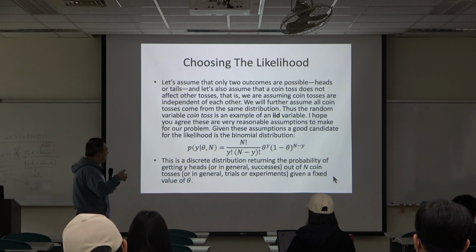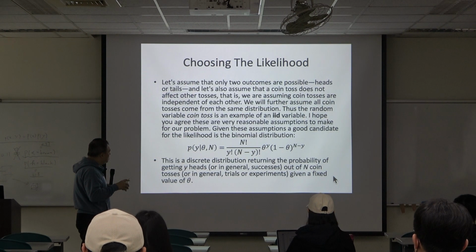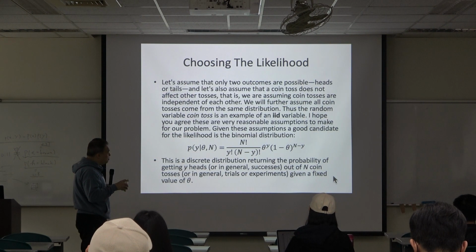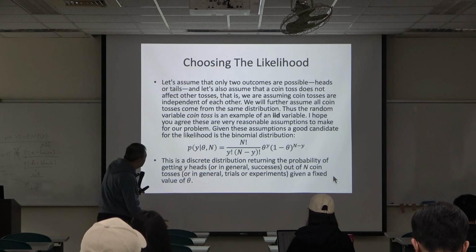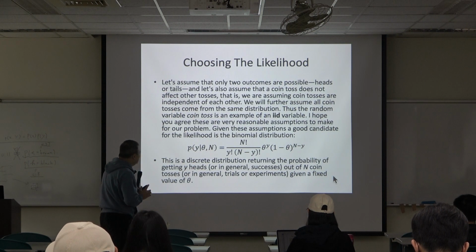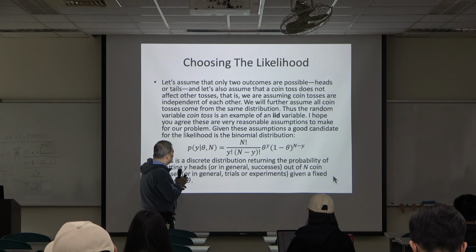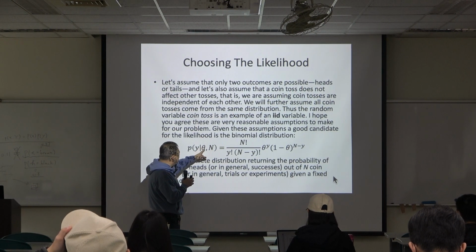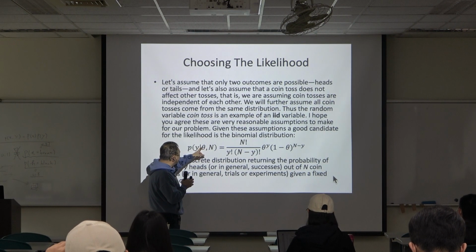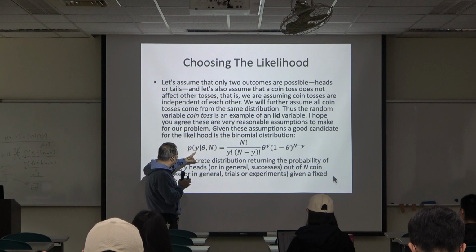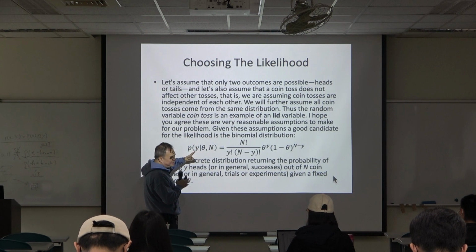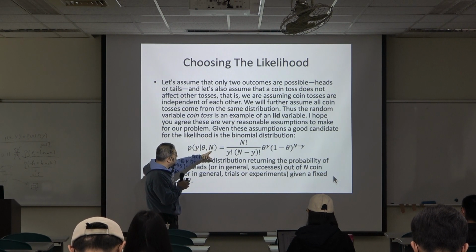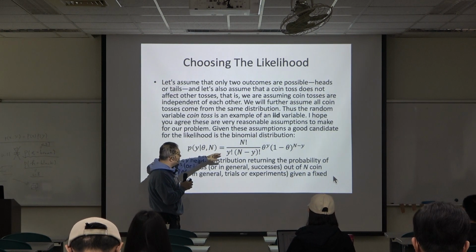Given those assumptions, the likelihood is the binomial distribution. You have n tosses. If the chance to get heads for a coin flip is theta, the probability of getting y heads out of these n tosses is this one, right?